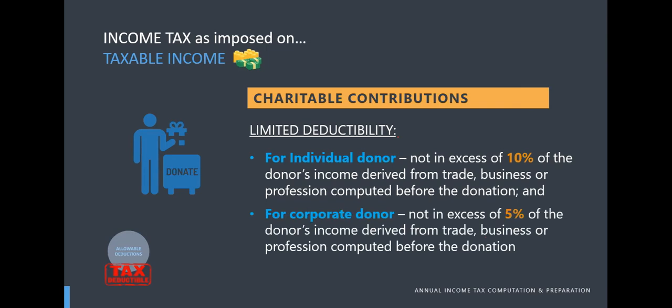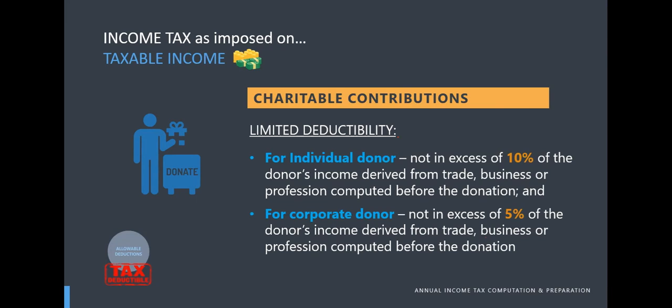For corporate donors, it should not be in excess of 5% of the donor's income derived from trade, business, or profession computed before the donation. So the basis of income here is the net income before charitable contributions.